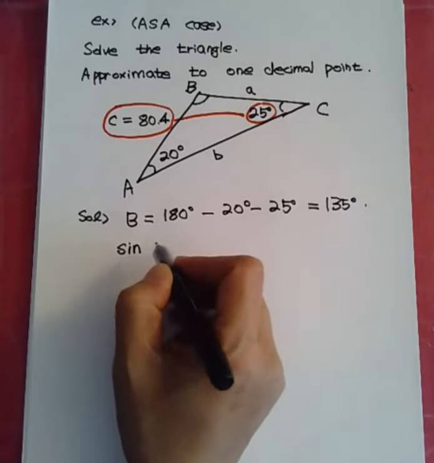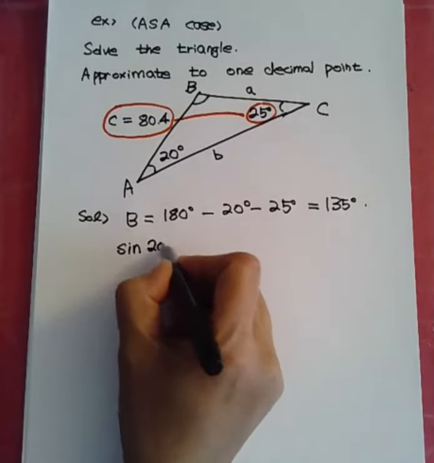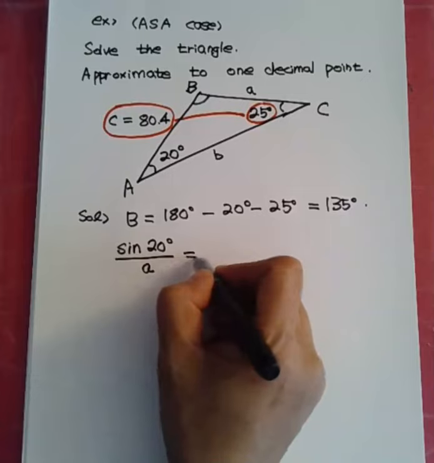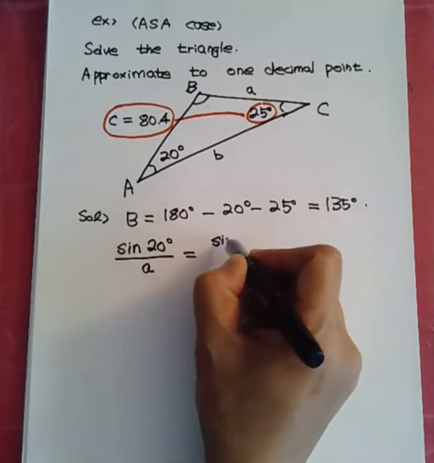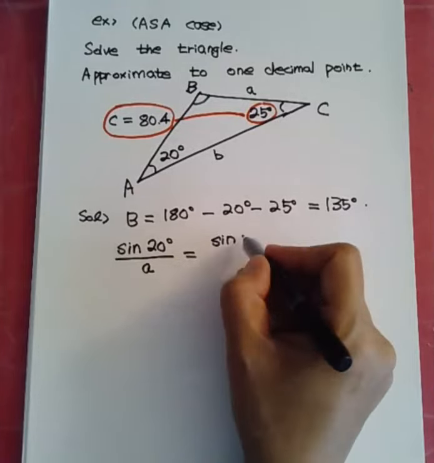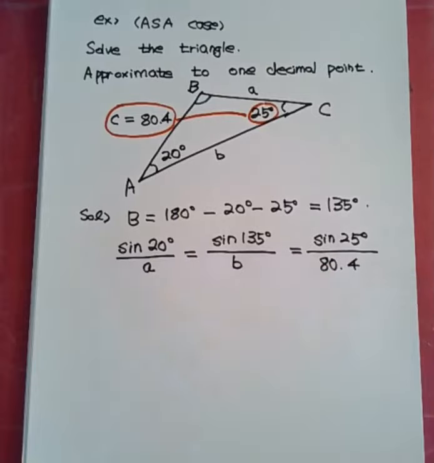We think about the law of sines. Sine of angle A, 20 degrees, over side length A, which is unknown, equals sine of B, 135 degrees, over side length B, which is unknown, and then we have sine of 25 degrees, which is angle C, and the corresponding side is given as 80.4.